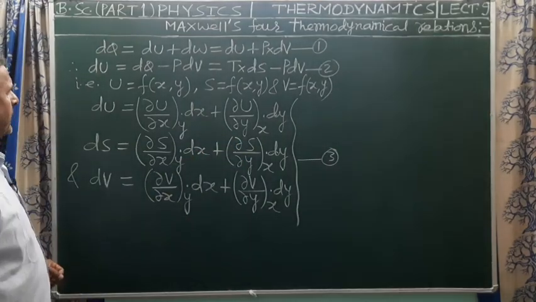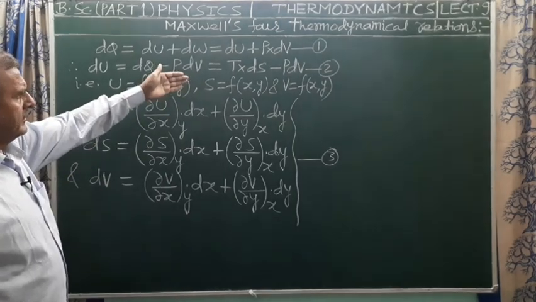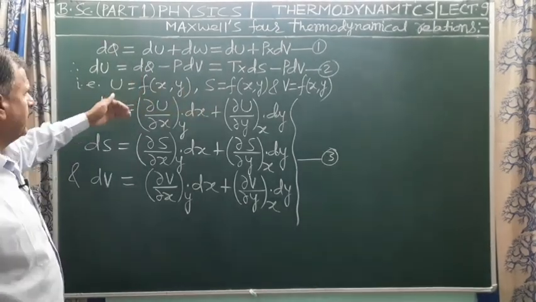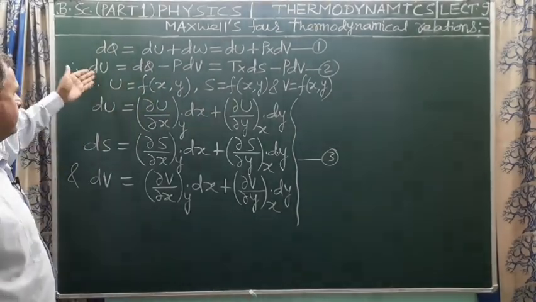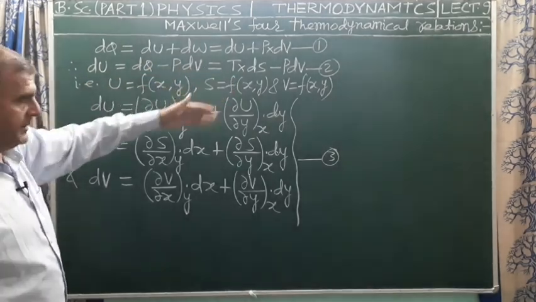Now substituting for du, ds and dv in both sides of equation 2, which we have obtained from the first law of thermodynamics, that is increase in internal energy du equals TdS minus pdV.